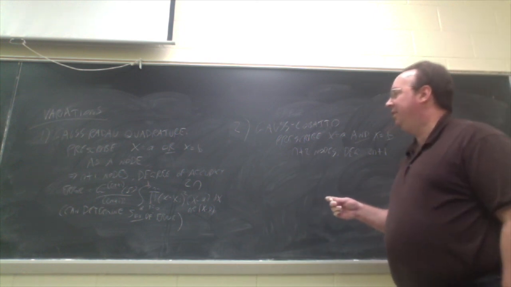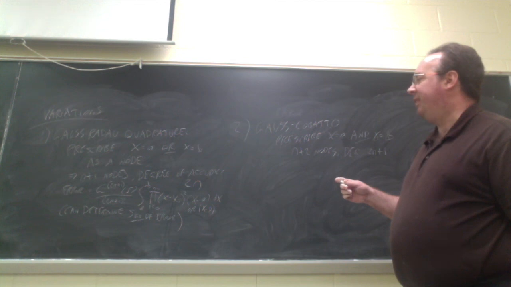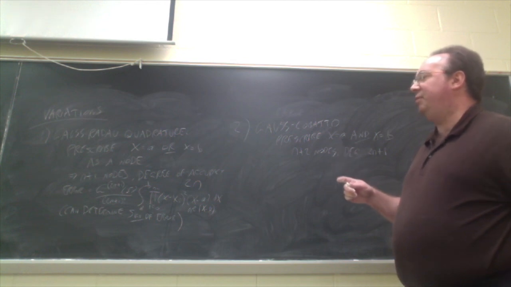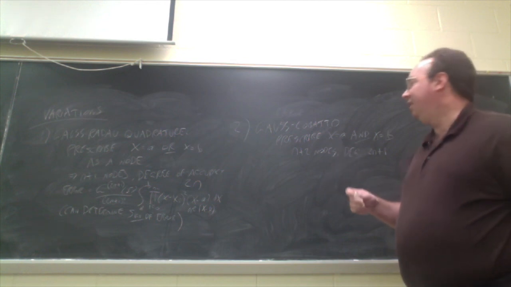Okay, so during the last few minutes, I can say something about how you would actually get these nodes, because also how you would get Gaussian quadrature nodes in general.